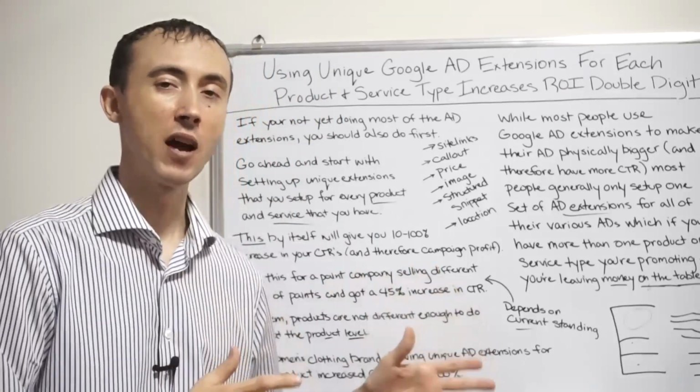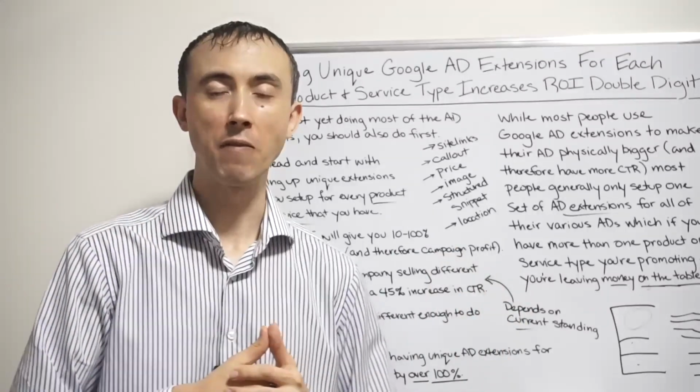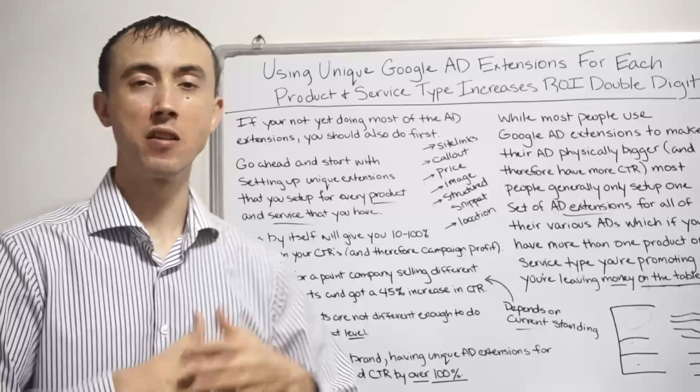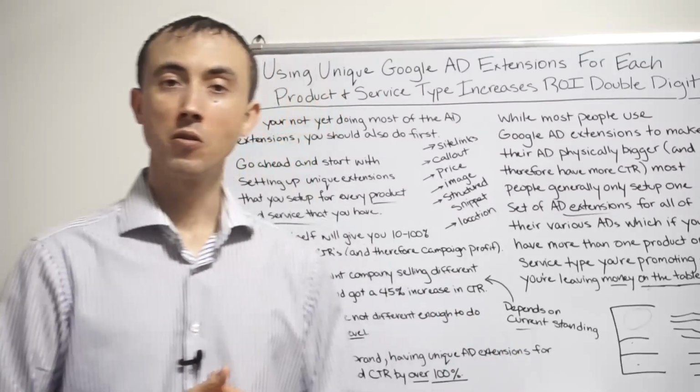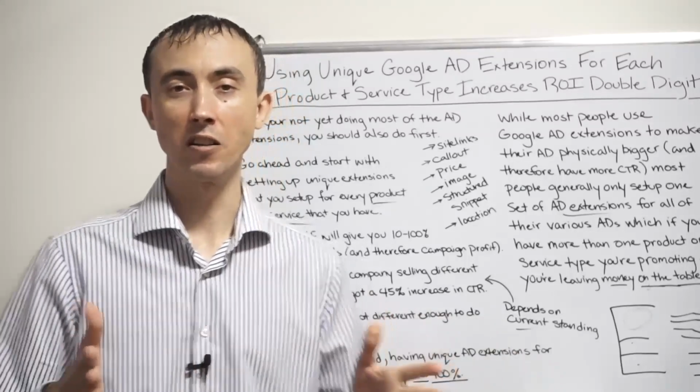And this is just an easy way to tack on additional click-through rate, which will always translate into more profit, because they always go hand in hand, 10 to 100%, somewhere in that range for you, depending on how your account's performing already and what market you're in.